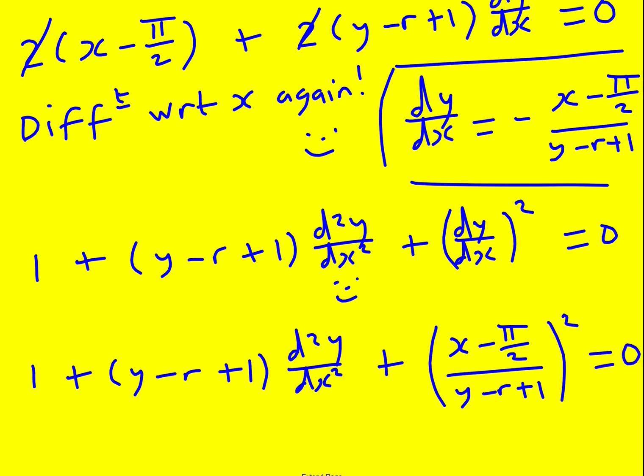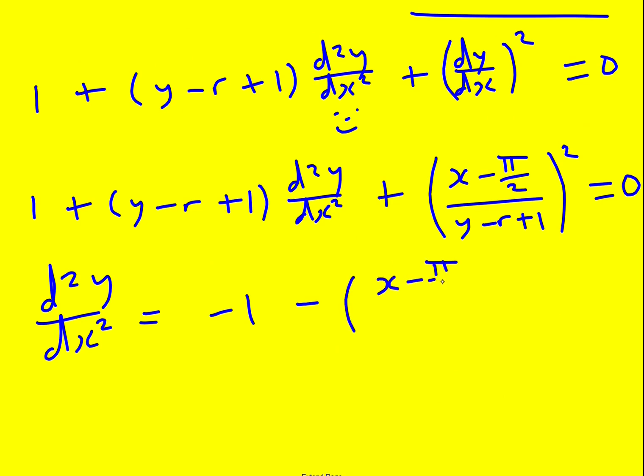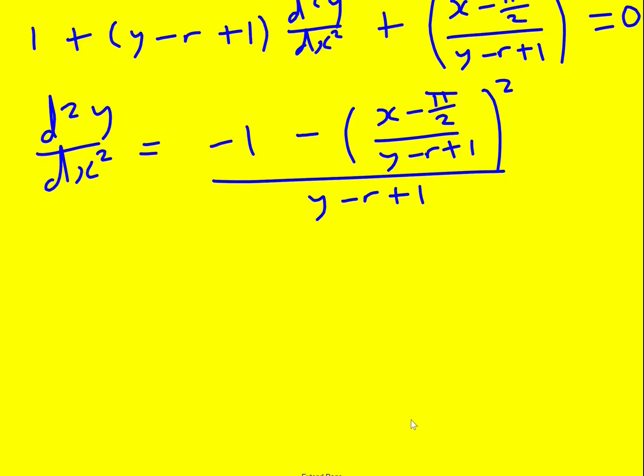We can now rearrange this to make d²y/dx² the subject. So I can minus 1 from both sides, minus this thing all squared, and then divide through by (y − r + 1). I could potentially tidy this up, but I'm not too worried.